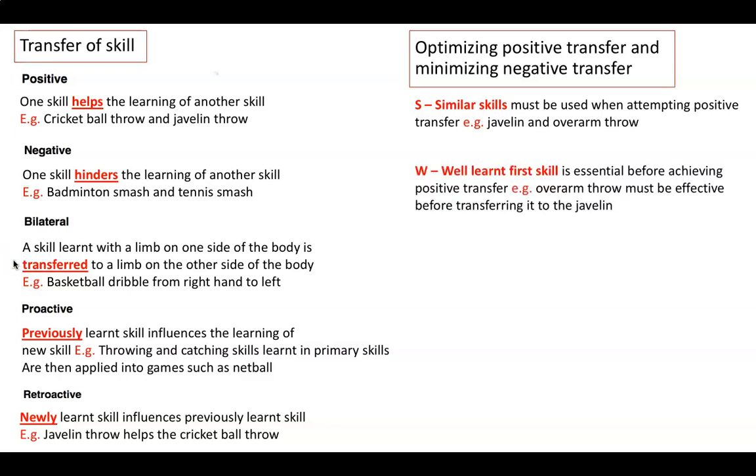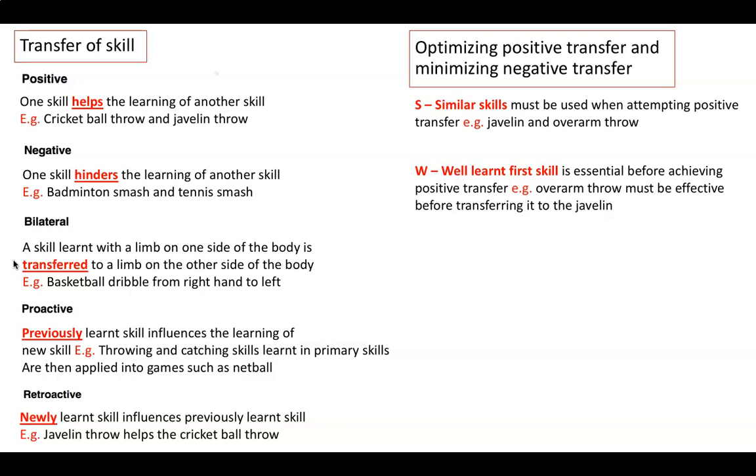We also must have learned the first skill really well. So a well learnt first skill is essential before achieving positive transfer. For example, the overarm throw must be effective before transferring it to the javelin. What I mean by this is, if you've got a fielder in cricket who throws the ball like it's a shot put, then that will not transfer well to a javelin throw, because that is not how you throw a javelin.